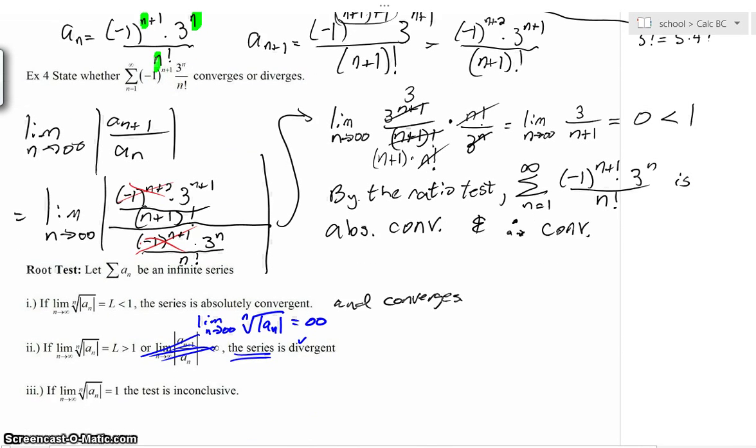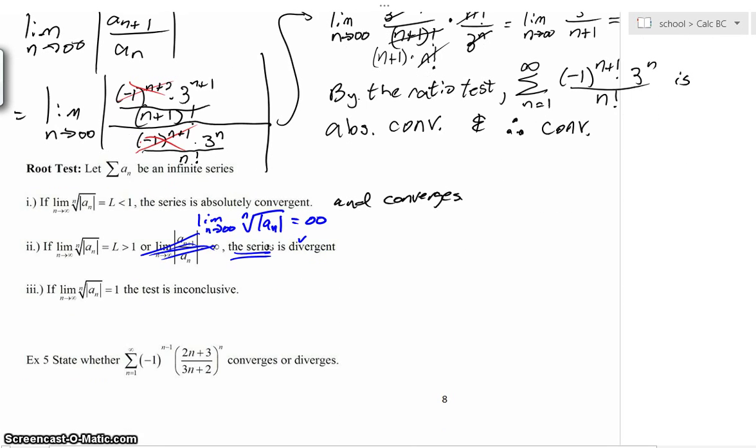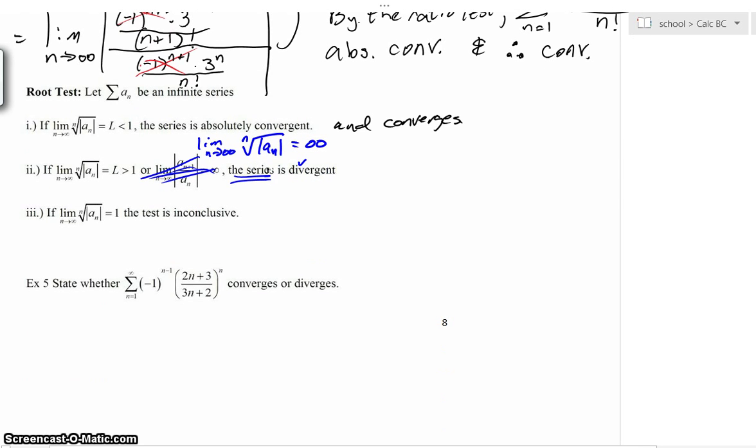One more test, and this test is not nearly as frequently used, but it's very, very similar to our last test, the root test. Let's just say that you have a formula where inside of sigma, you have a formula raised up to an nth power. And it would be very helpful to eliminate the nth power by taking an nth root.